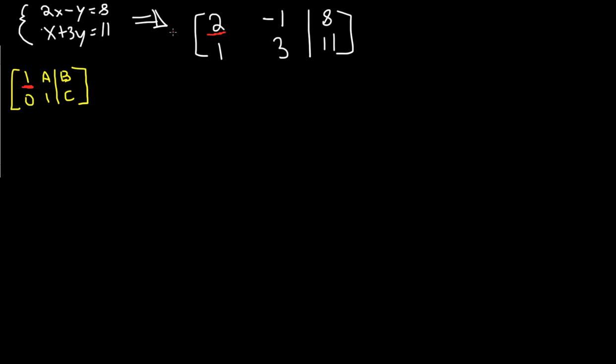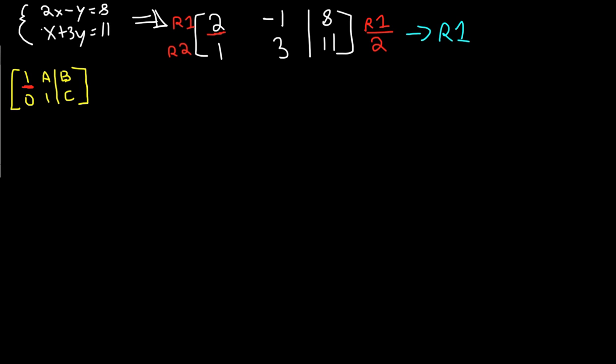Remember, this is row 1 and this is row 2. So we're going to do row 1 divided by 2 to change. I use this arrow to mean to change. We're going to change row 1, meaning it's going to affect all of row 1. All the integers in row 1 are the ones that are going to be affected.